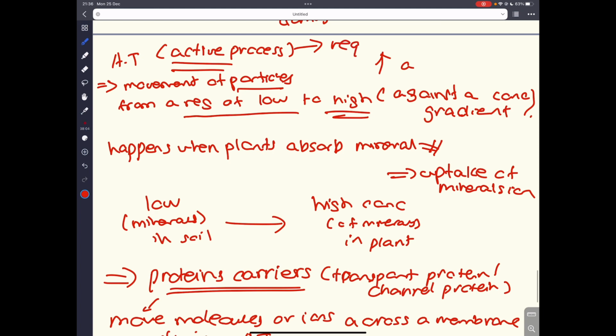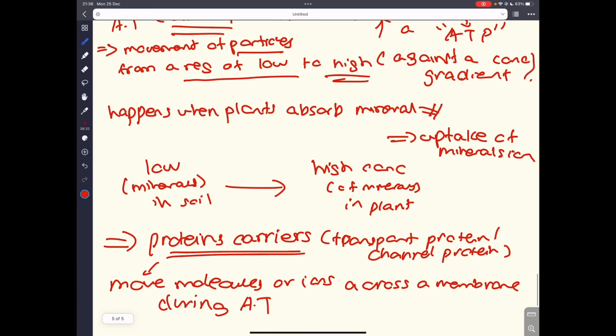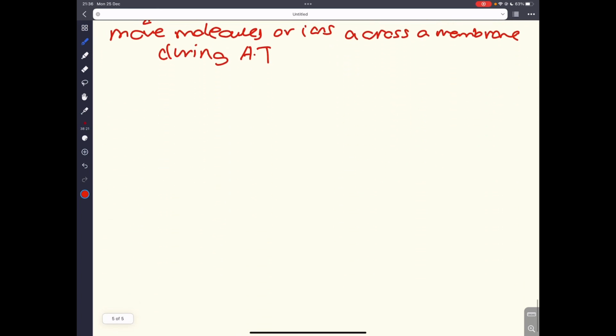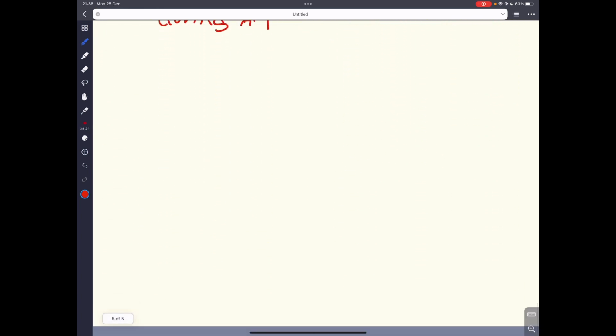It requires energy, and this energy comes in the form of ATP. Now ATP stands for adenosine triphosphate. You'll learn this later on next year. So yeah, these are everything that you have to know about the movement of substances into and out of the cell.